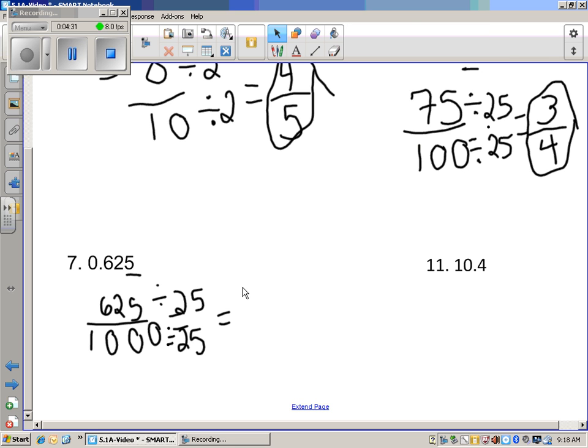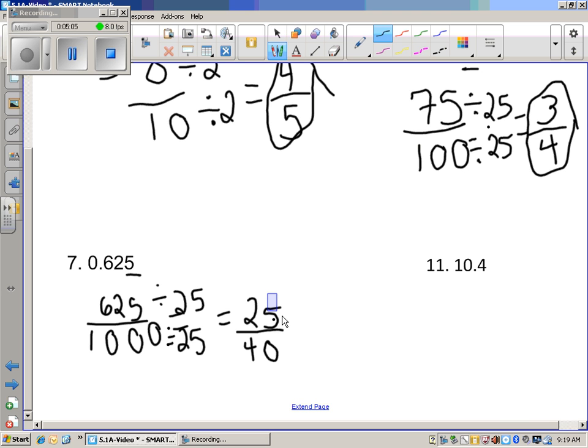625 divided by 25 is going to give me 25 on the top. And then on the bottom, 1,000 divided by 25 is going to give me 40. But looking at this, I can tell that 25 and 40 still have something in common.